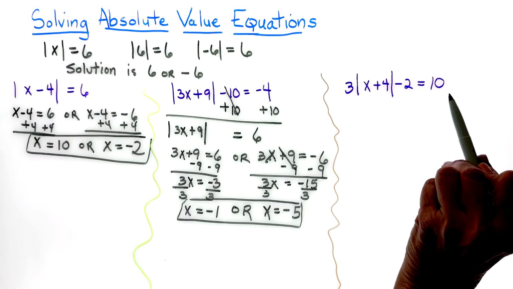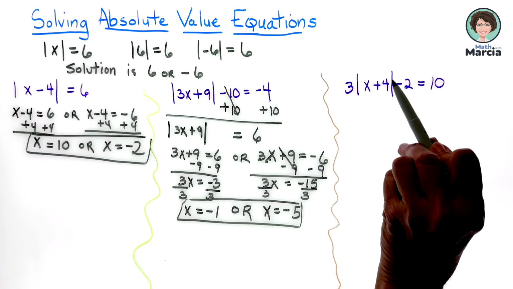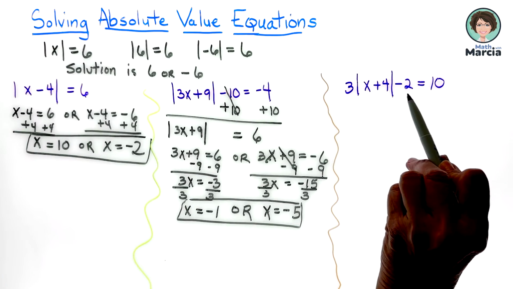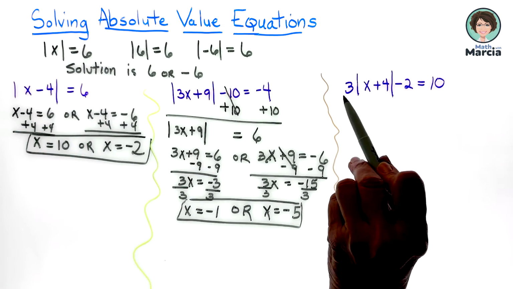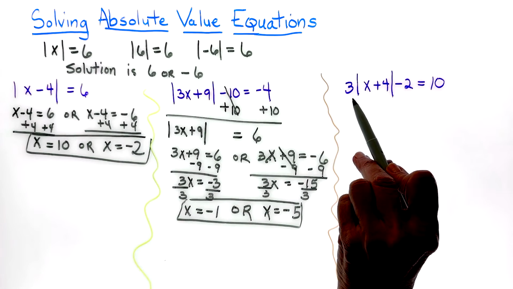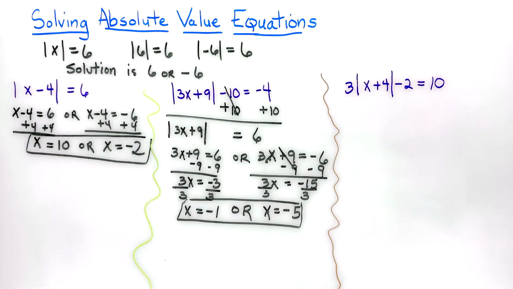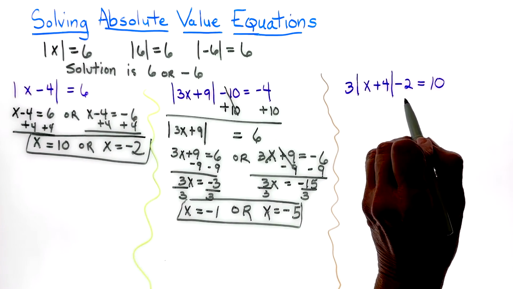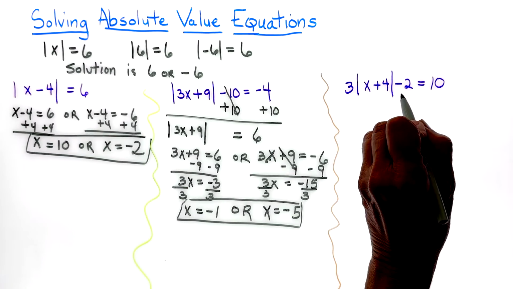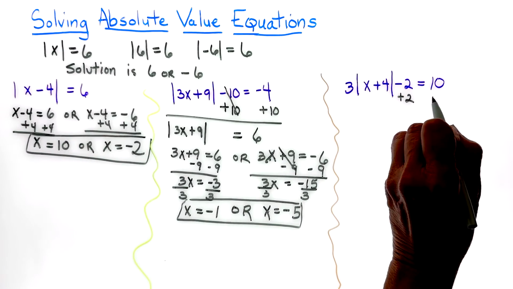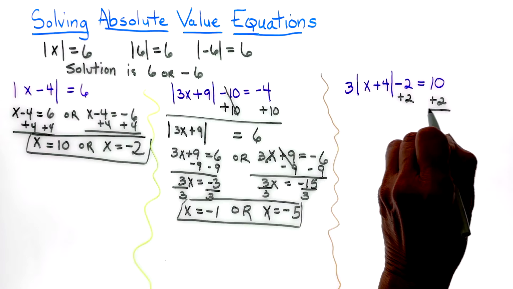In order to be able to solve this, I've got to get rid of my minus 2, and I'm going to have to divide everything by 3 before I can write two small equations. So let's get started. Always add or subtract first. So I'm going to add 2 to both sides of the equation.